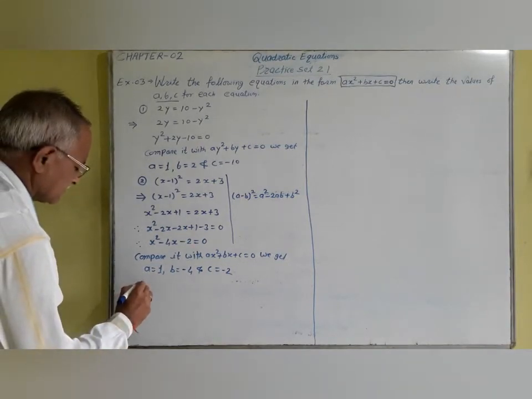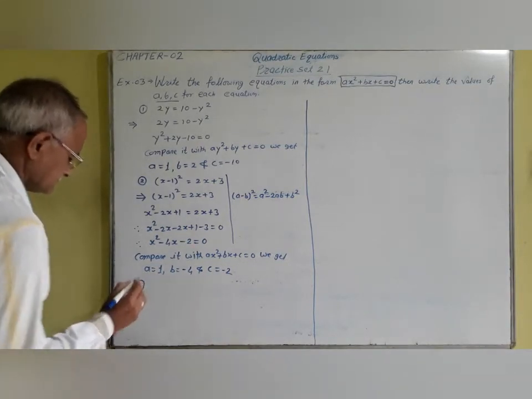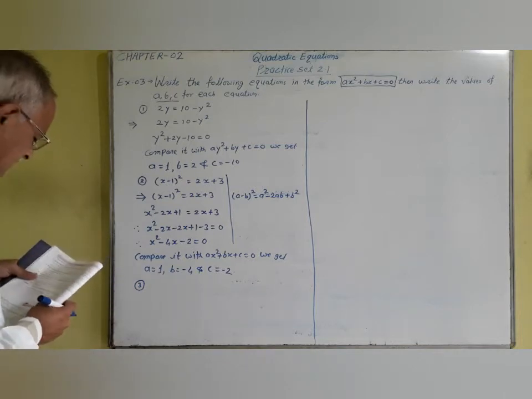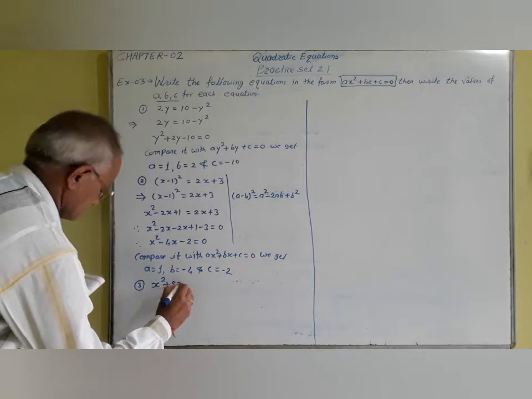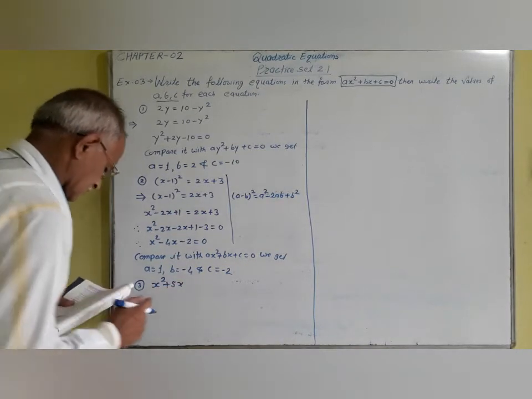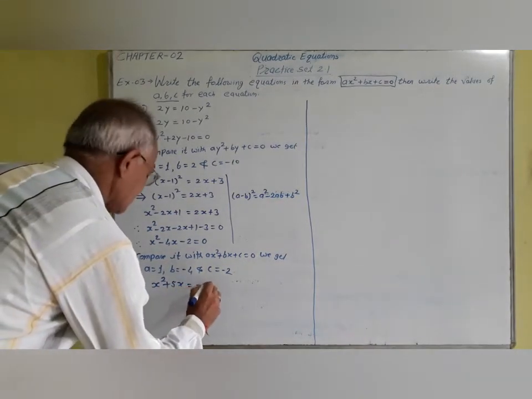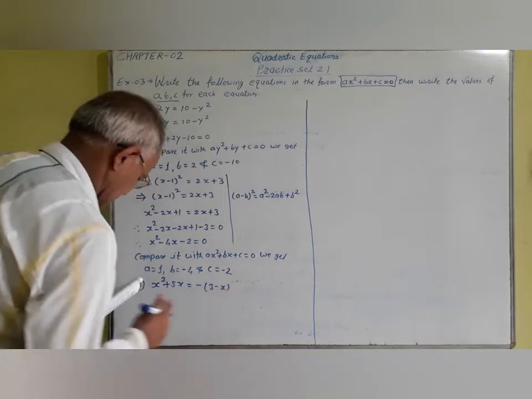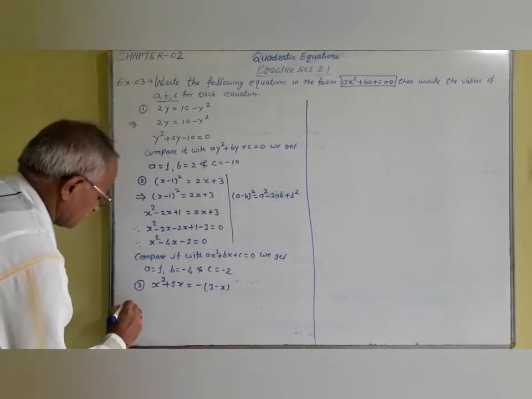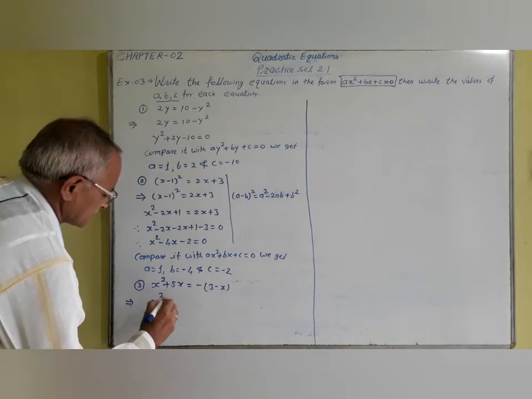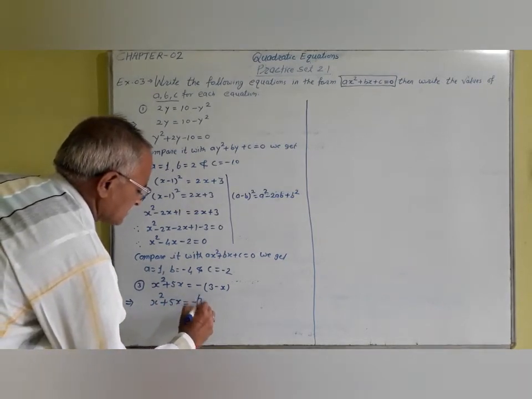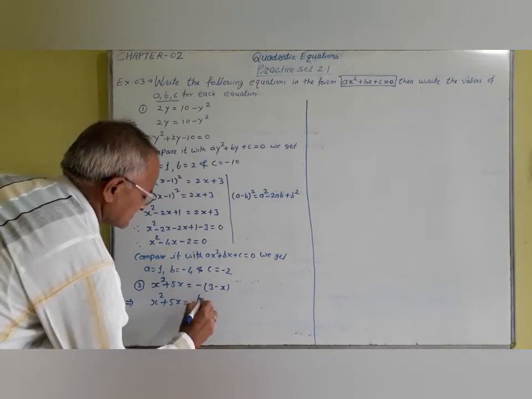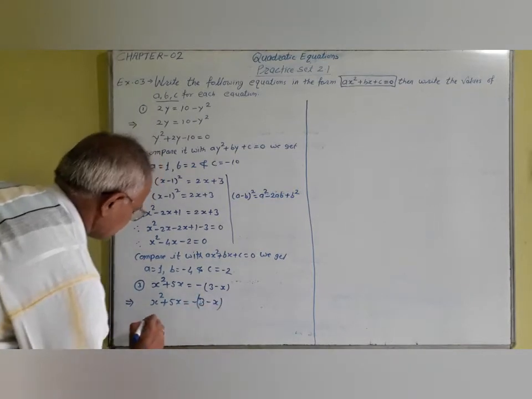Now example number 3. It is x square plus 5x is equal to minus 3 minus x. First of all we write the given equation. x square plus 5x is equal to minus in bracket 3 minus x.